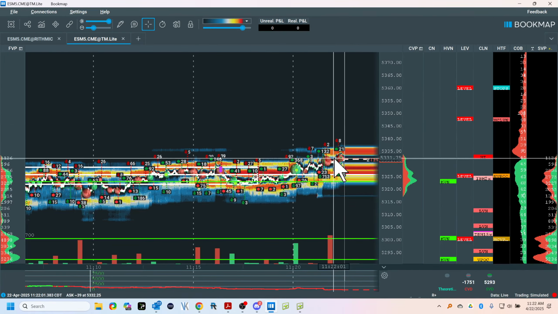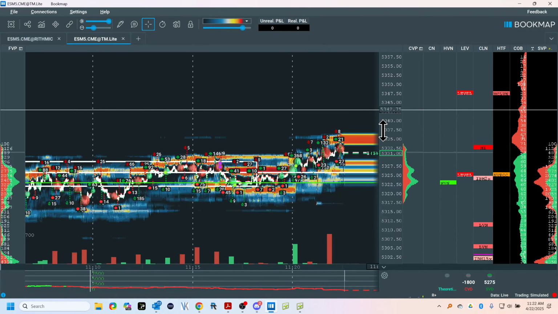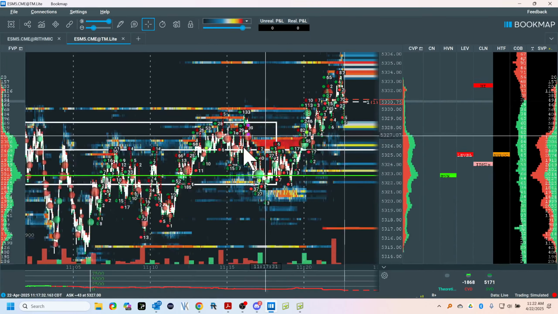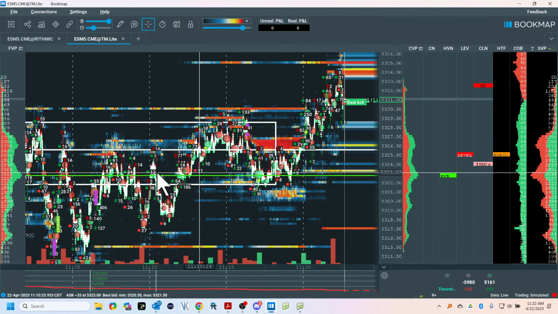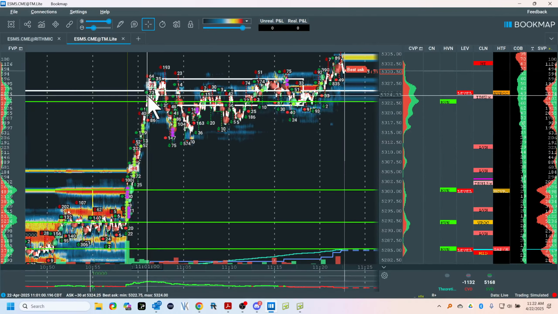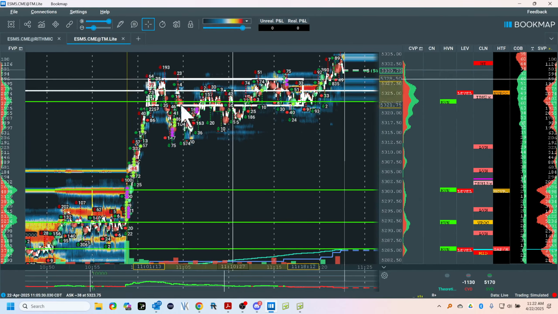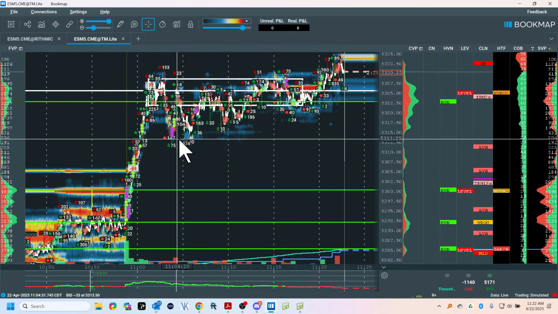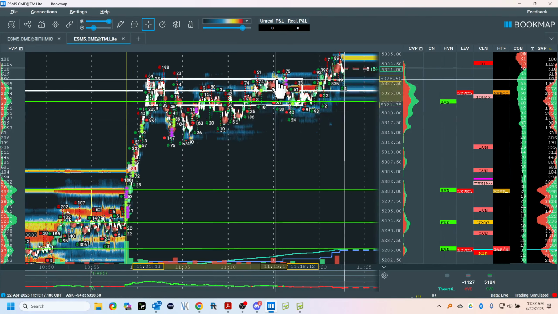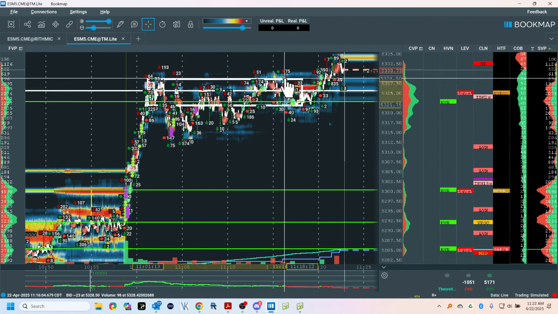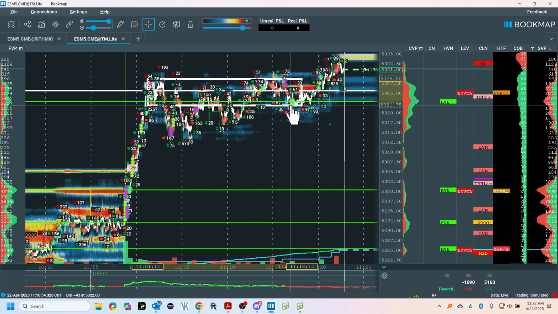So that's it. So let's look at this. Sellers were here, buyers are here, outside edge, and here we had a sweep. We get a sweep here.